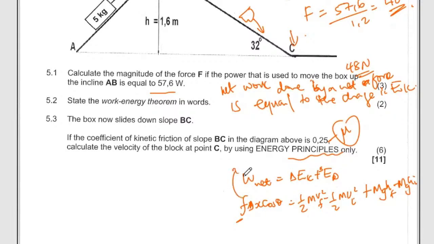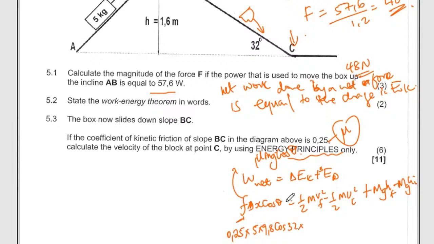We know that the frictional force is mu mg cos theta. Our mu was 0.25, times the mass of the body, which is 5, times 9.8, times the cos of 32. That is just the F.